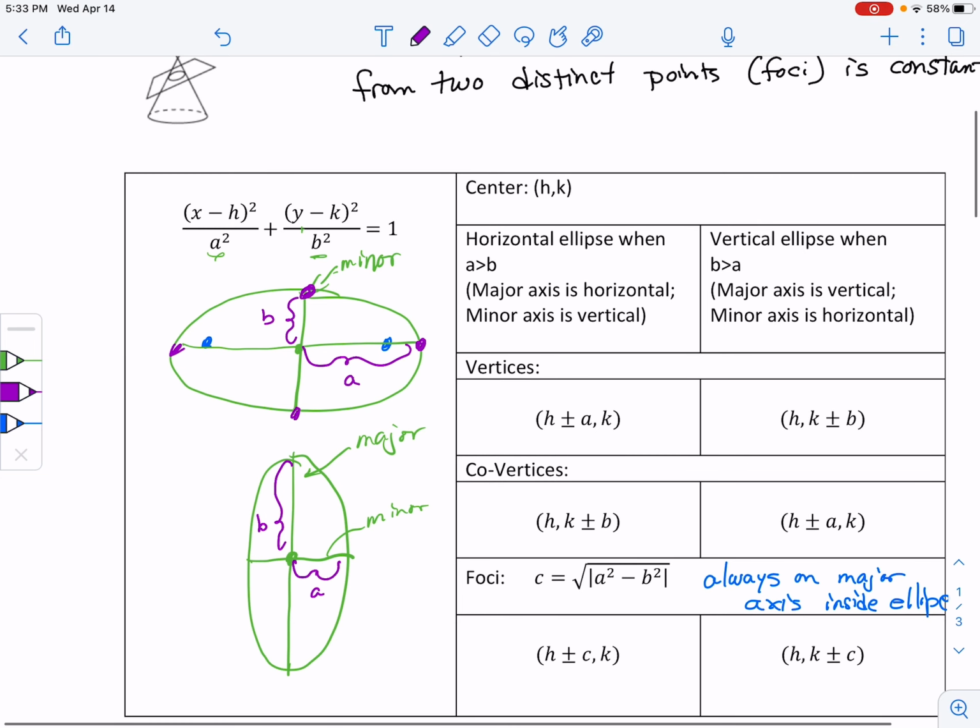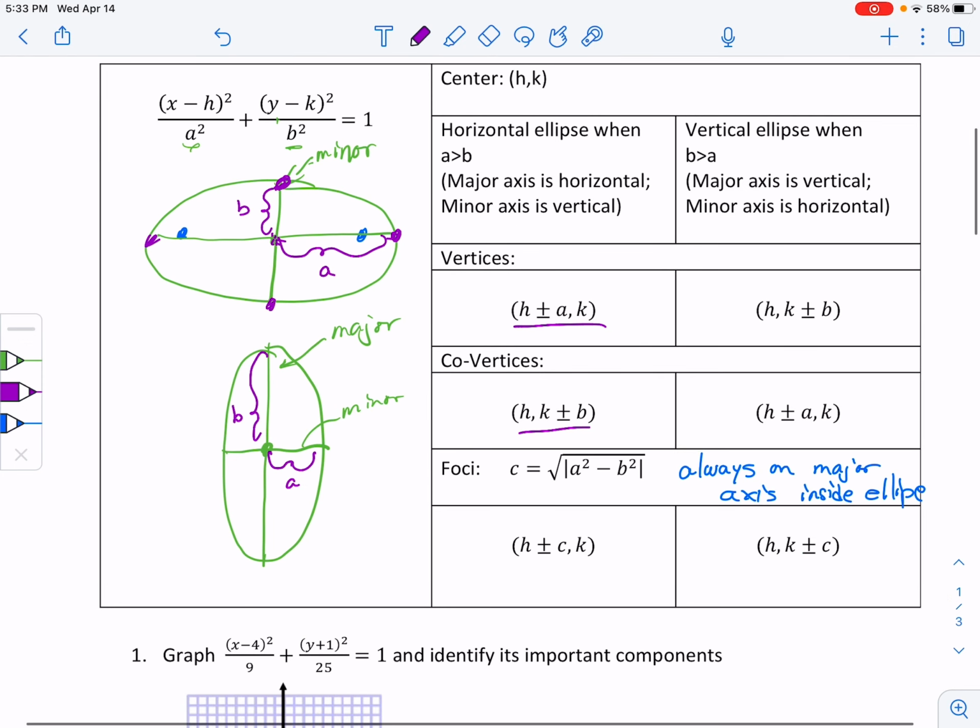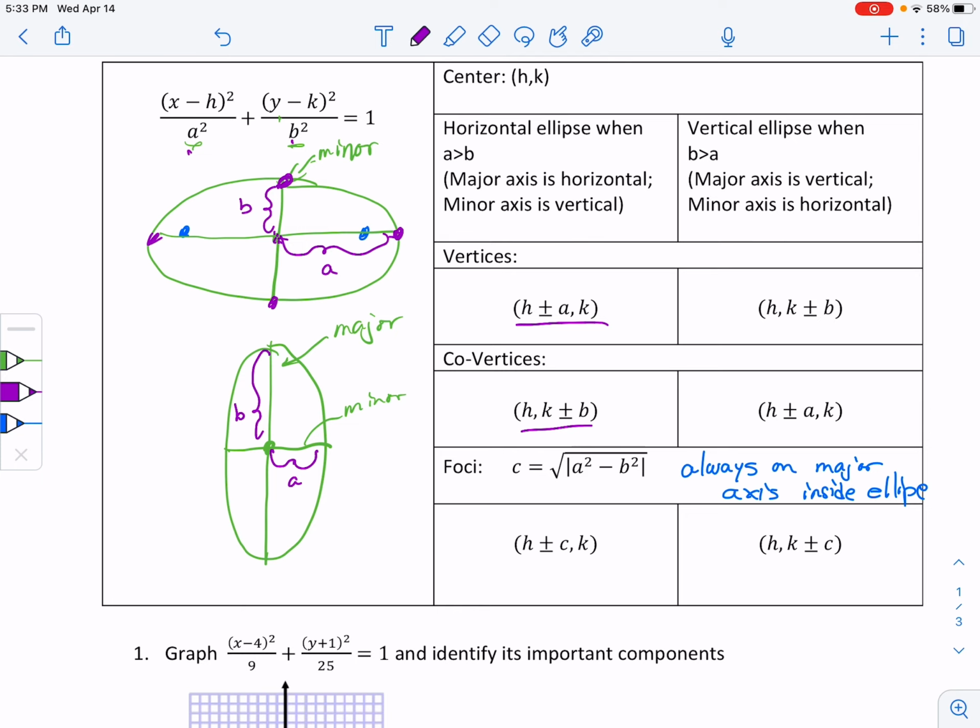So you add that b value to the y, and you add the a value to the x in order to get these vertices. All right, the foci, you take the difference between these two. You use absolute value, or always subtract the little from the big and take the square root. It'll give you the distance away from center, okay?